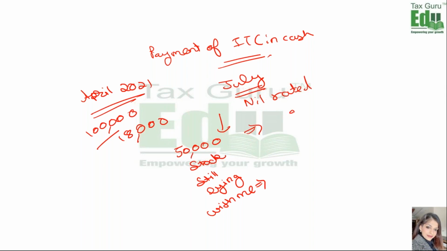So I need to reverse 9,000. But this 18,000 I have already utilized in the month of April to pay my tax liabilities. I don't have any ITC available with me. So this 9,000 I am required to pay in cash.